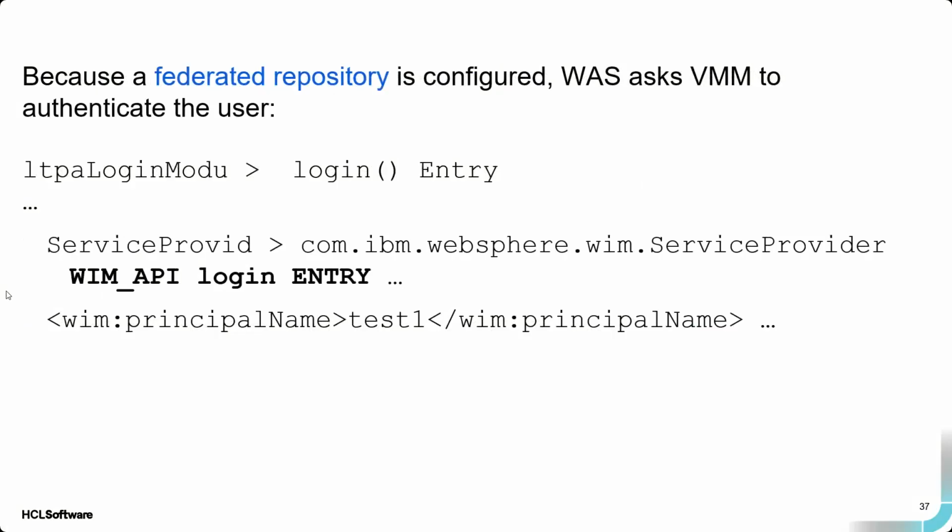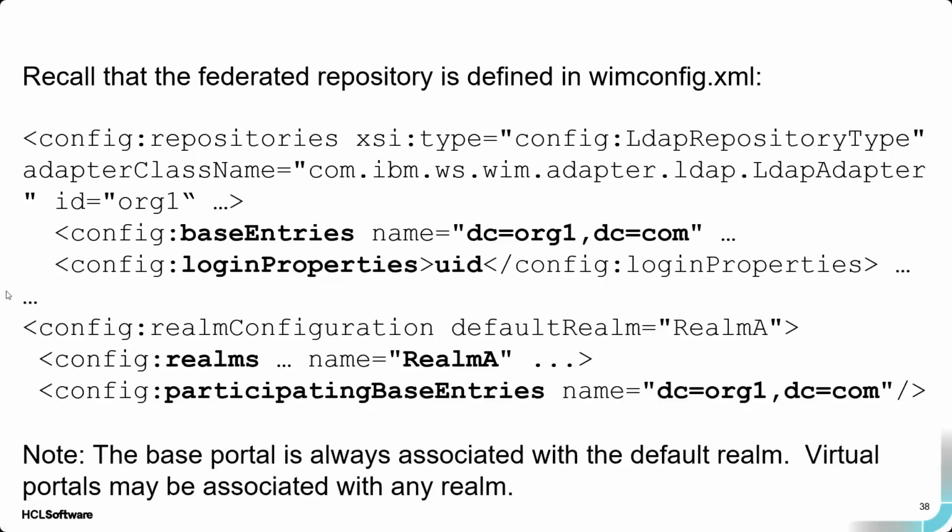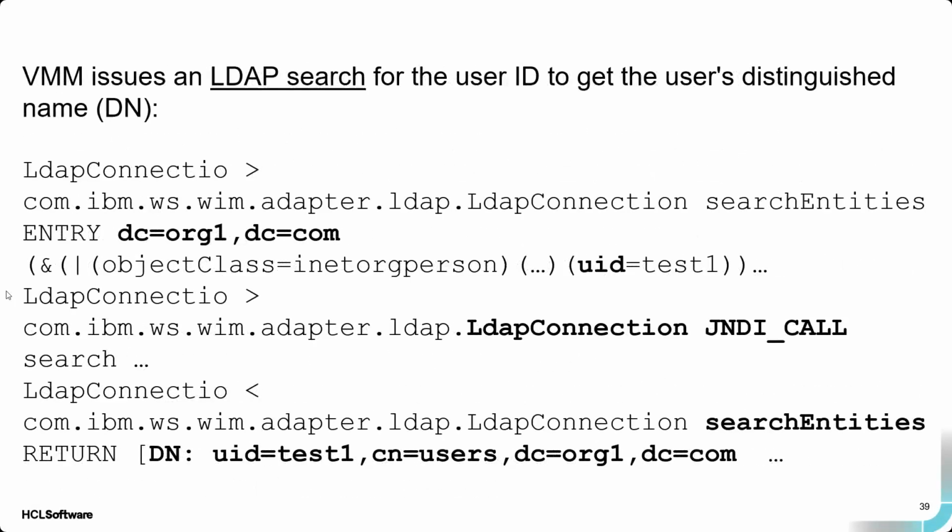Please log this user in for me. And again, it only logs the username. The password is just a reference to the memory holding that password. And it looks through its configuration and figures out which LDAP it should authenticate against.